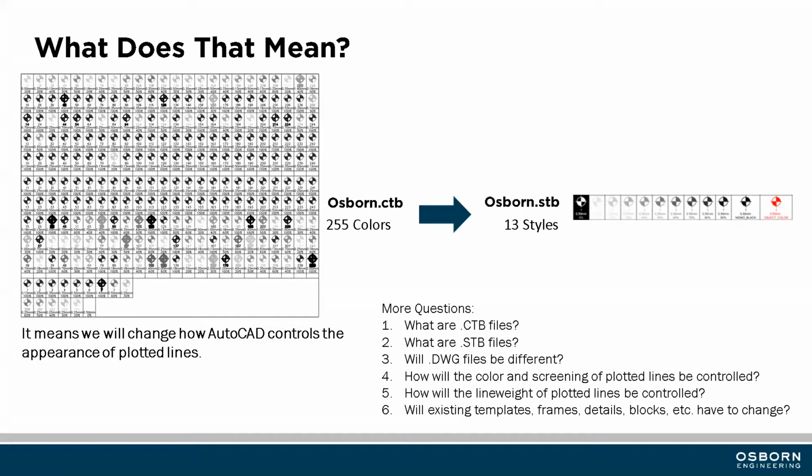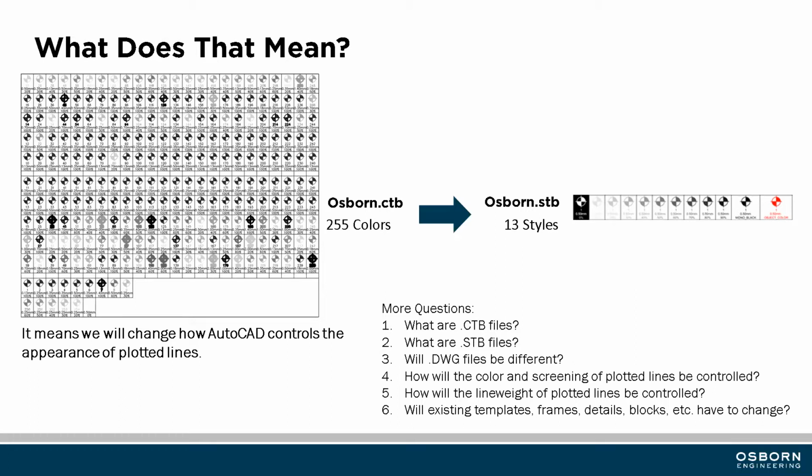We will be changing from controlling the appearance of lines indirectly by specifying one of 255 screen colors to instead controlling the appearance of lines directly by assigning layers one of 13 plot styles and a line weight value.